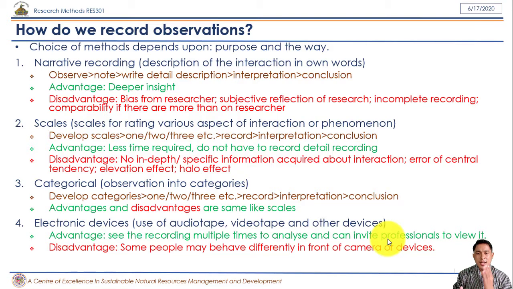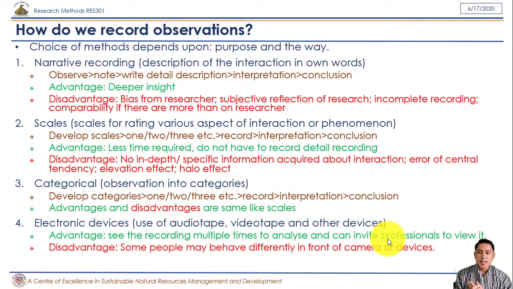So the actual data that you're collecting from these devices may not be exactly reflecting their responses. So that effect is also known as Hawthorne effect. We'll be looking at that in the next slide.